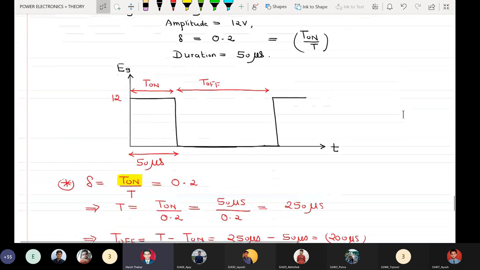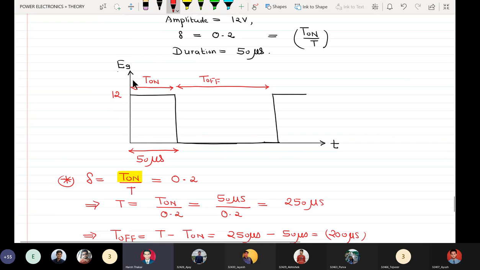Now students understand that this waveform, the waveform which starts at this point and ends at this point, this kind of a waveform is applied to the gate circuit.